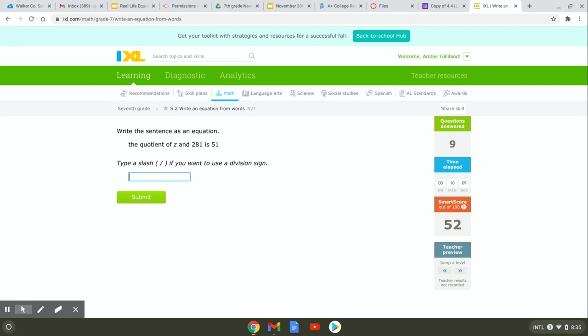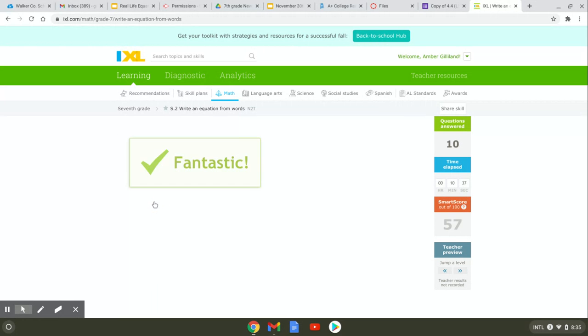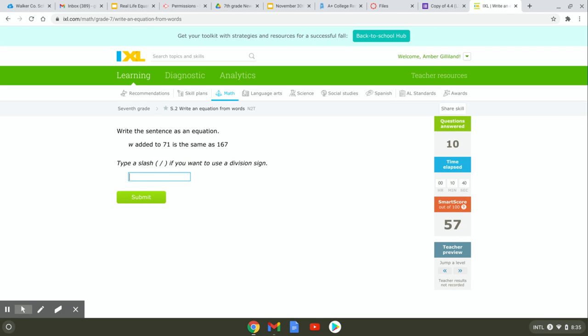The quotient of Z and 281 is 51. So the quotient means division. So they want you to write it in the same, and I want you to notice right here it says to use a slash if you want a division sign. So the quotient of Z and 281 equals 51. So the quotient always means you're dividing. W added to 71 is the same as 167.